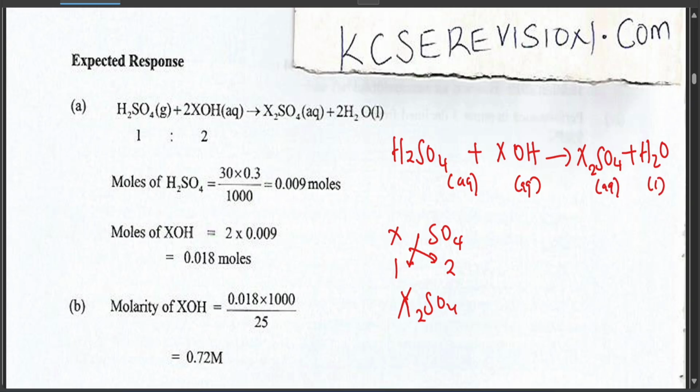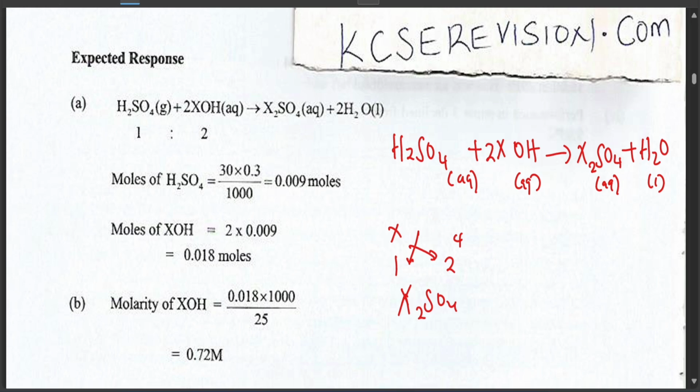If you balance it out, you realize that you need to put 2 here so that it balances everything out, so that you get 2X and 2 hydroxide. It becomes balanced that way. And also here, you need to balance by adding 2 as well.